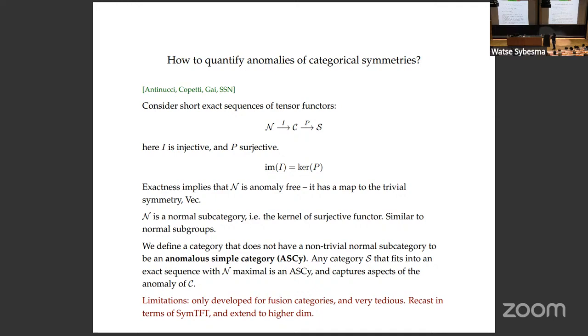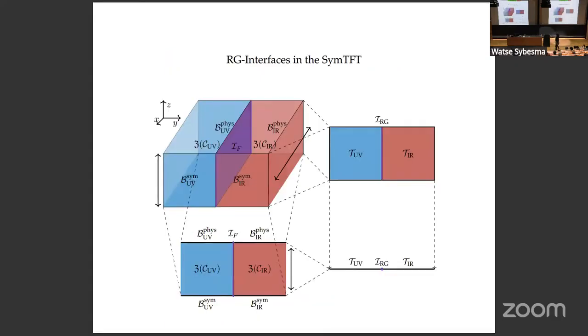We call these anomalous simple categories, or ASCs. They're the measures of the anomaly of that categorical symmetry. So you write down C, and you need to find N and S, and that's quite complicated and super annoying, and you don't want to do any of these mathematical manipulations, but you can recast it in the SymTFT, and then it becomes a very simple exercise in algebras and condensations.